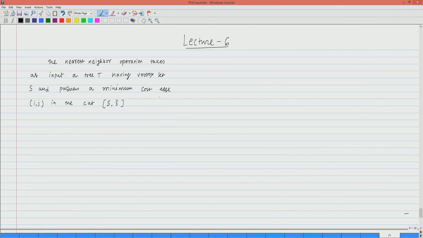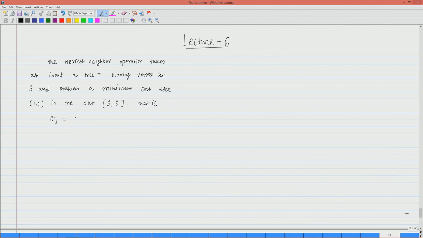Okay, so we do not know what is this minimum cost edge and what is this cut also. I will explain in detail. Let me just finish this part, that is, C I j is the cost associated with the edge I j.